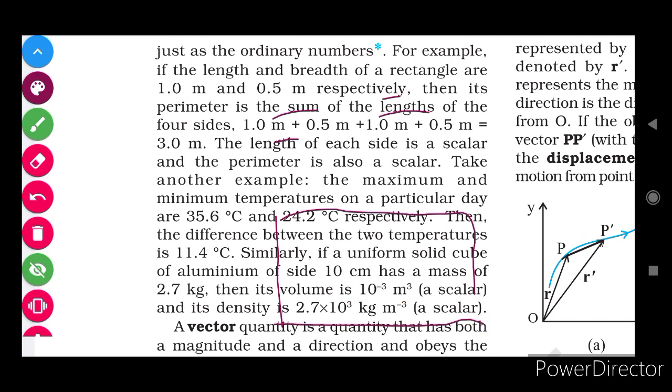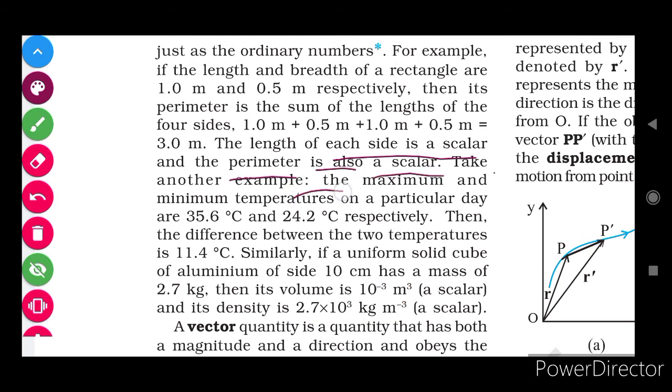If we are given this rectangle and the sides are 1 meter and 0.5 meter, length and breadth respectively, how do we find the perimeter? You need not consider the direction. Just add the four sides and you will get the perimeter, because length is a scalar quantity. The length of each side is a scalar and the perimeter is also a scalar.